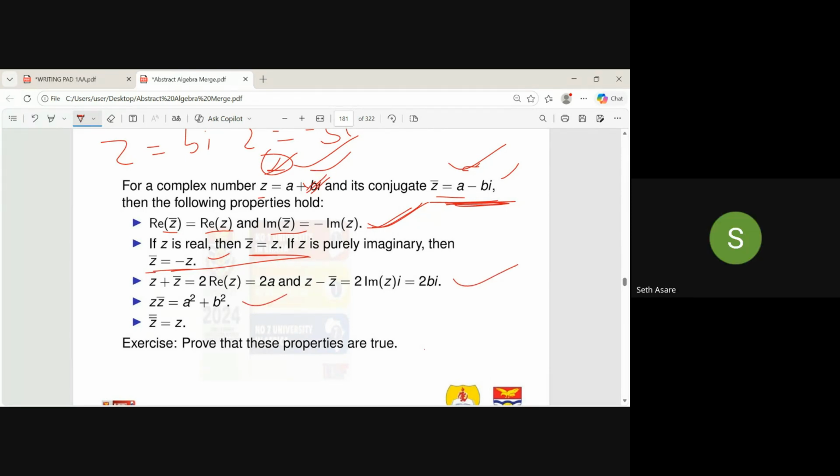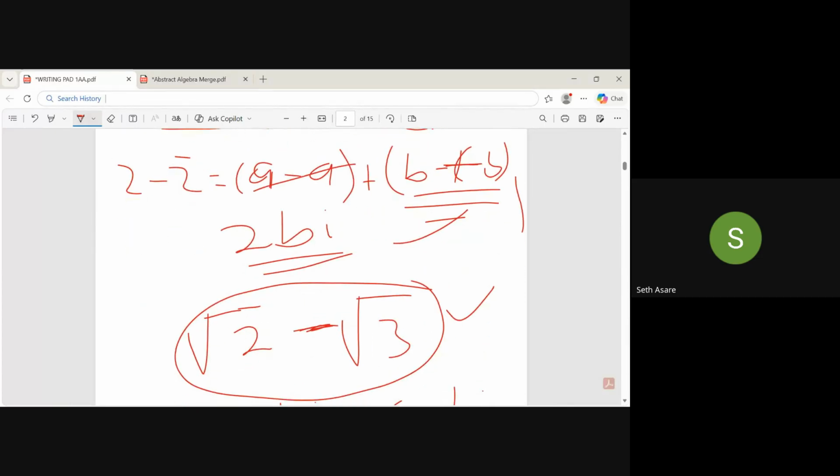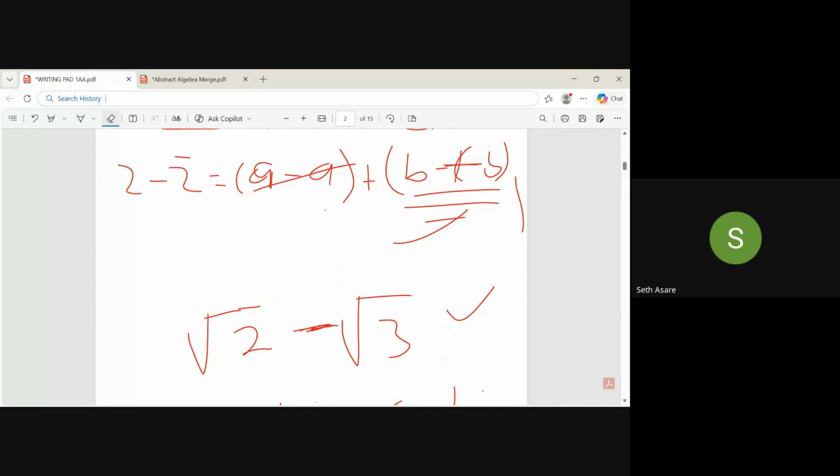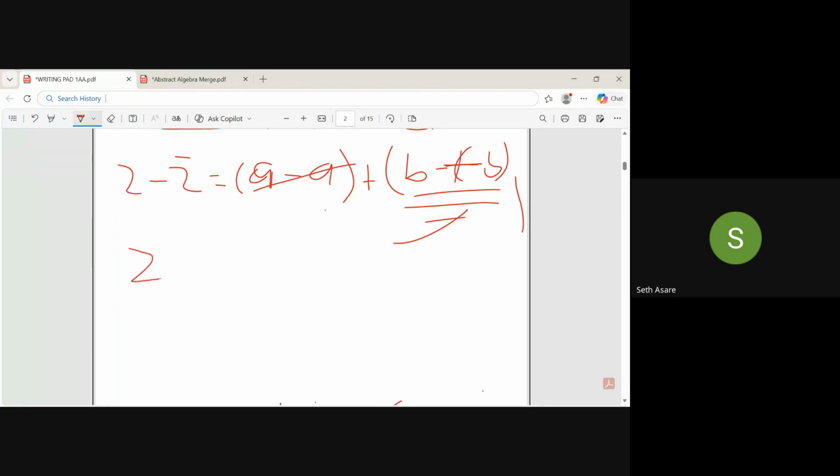So this one we know. But we are also saying that the conjugate of a conjugate is equal to the real. Look at this. The real one, Z, we are saying is A plus BI. Its conjugate is A minus BI.